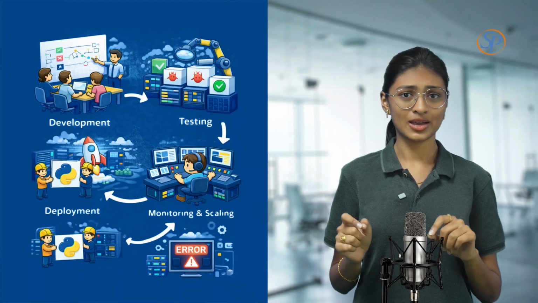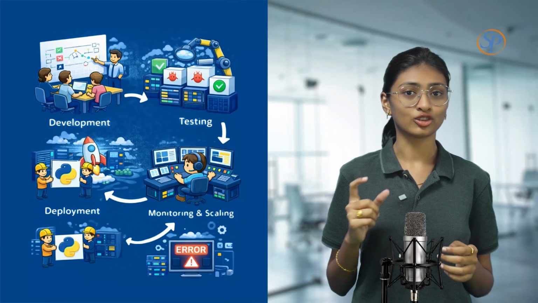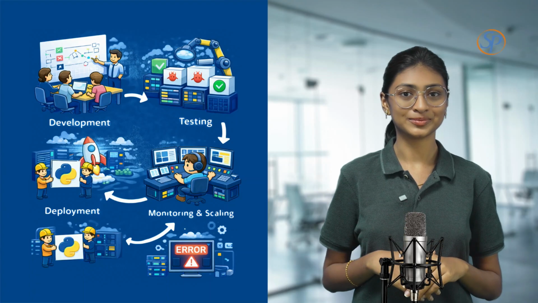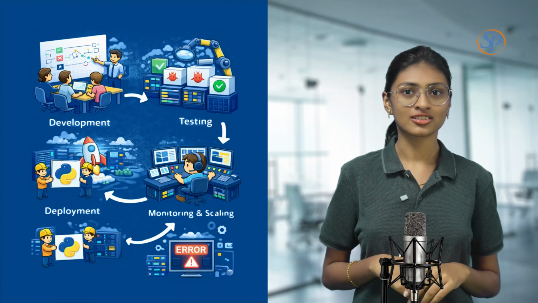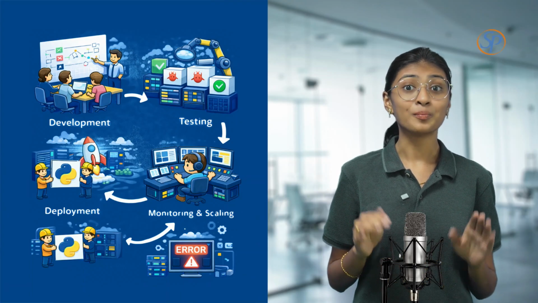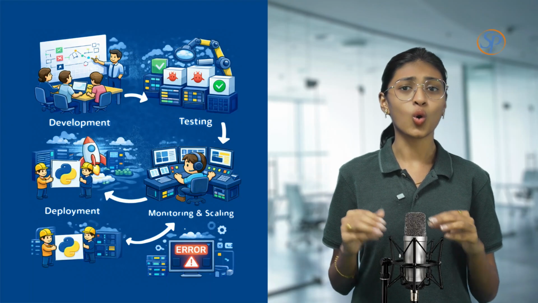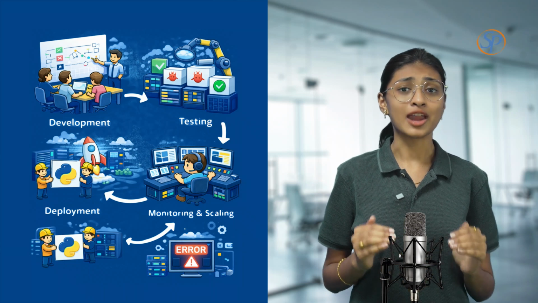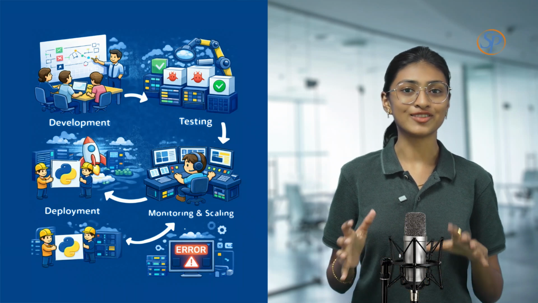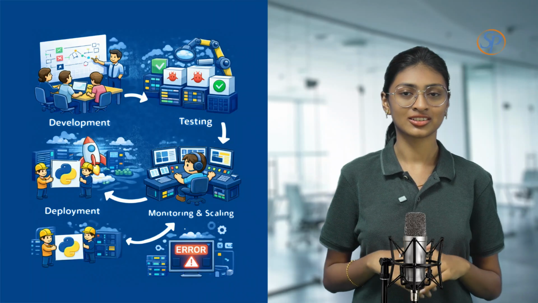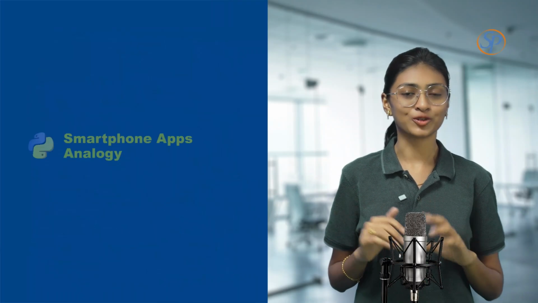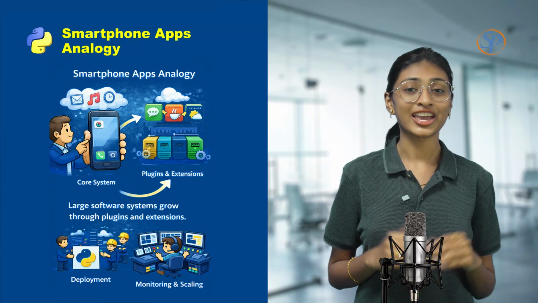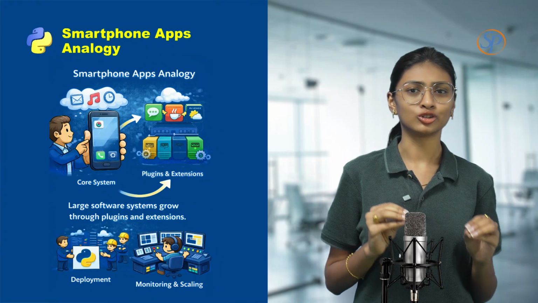This video is about how large Python systems are actually organized in the real world. Not toy projects, not tutorials, but systems that grow over years, involve many teams, and must keep working even as requirements change. Think about a smartphone. When you buy a phone, it doesn't come with every feature built into the core system.